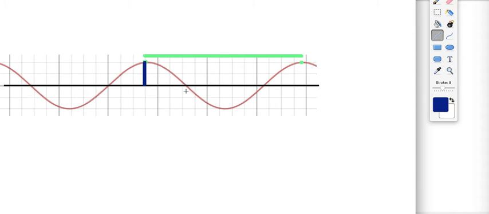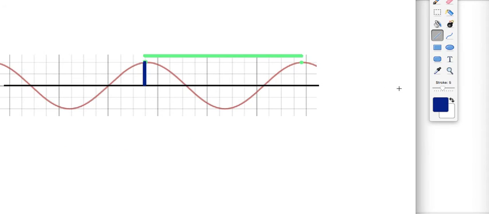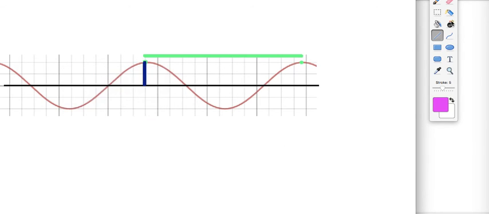If you don't really like that definition, another definition for amplitude is half of the vertical distance from the peak to the trough. Trough means bottom, so from the top to the bottom. Here is your top, right?